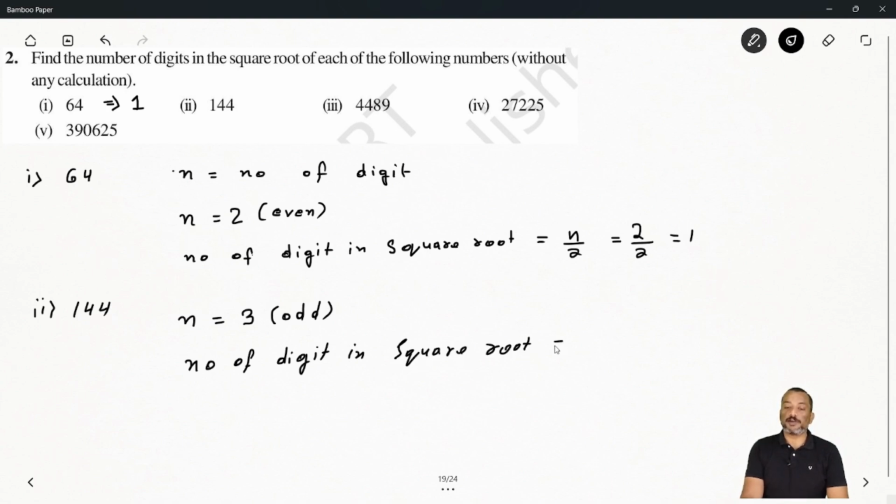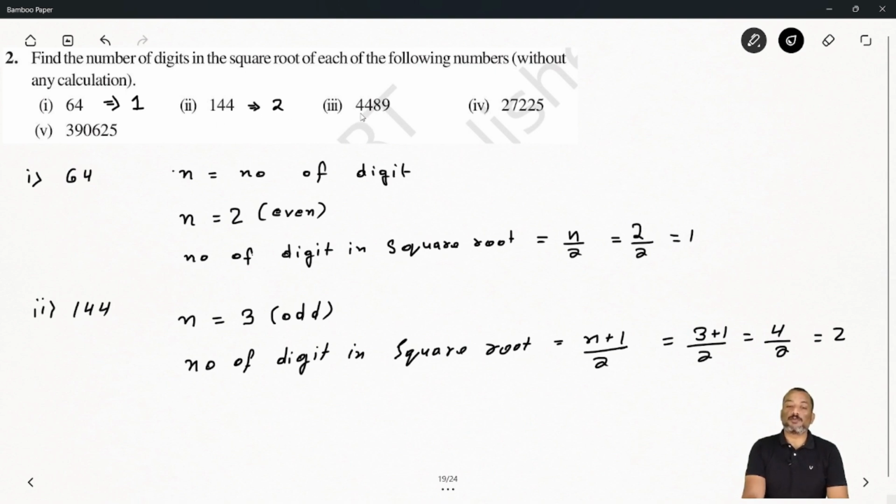This is the formula you can remember. So n is equal to 3, 3 plus 1 is 4, and 4 by 2 gives 2. Which means this one gets 2 digits in its square root.